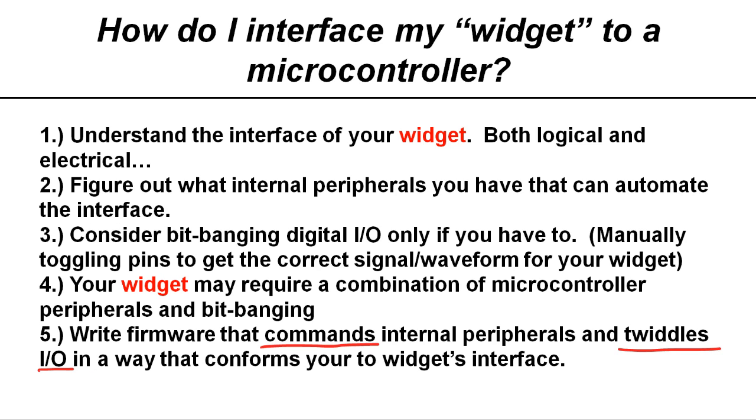Once you understand this process, nothing's off limits. You'll never need someone else to write the interface for you. It's really not that hard. The key is you have to take the time to understand the interface.